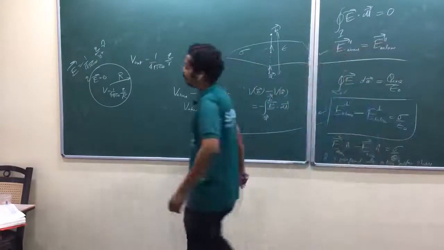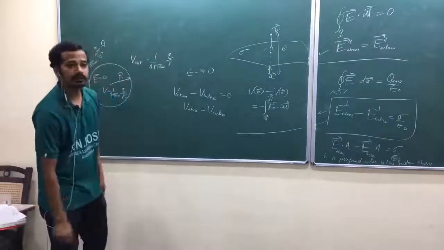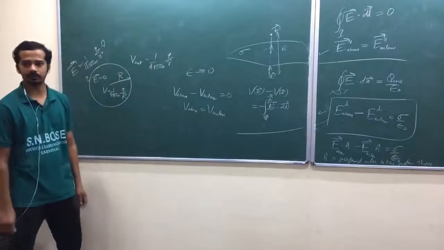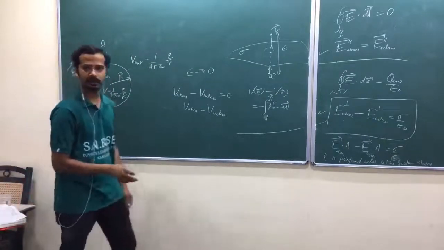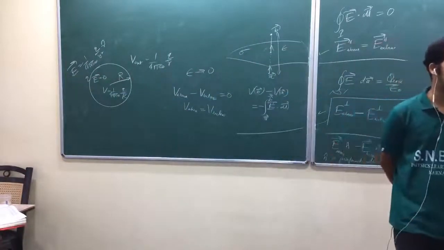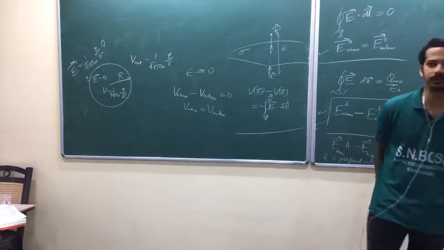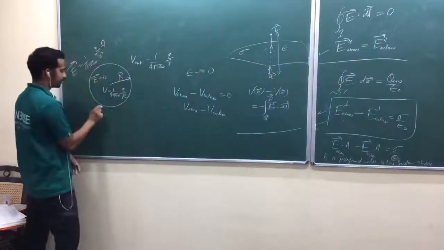Now, that formula said only the perpendicular component of the electric field is discontinuous. The parallel component is continuous. Am I right? What is parallel to the surface? Theta cap or phi cap, because the electric field is already in r cap. r cap is perpendicular to the surface over which I have a surface charge density.